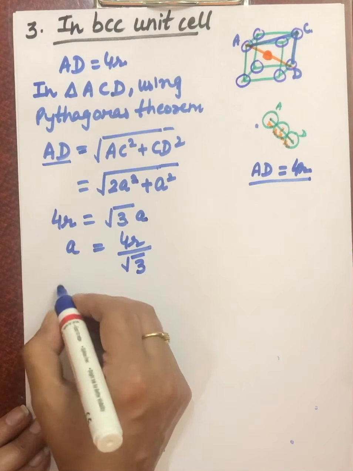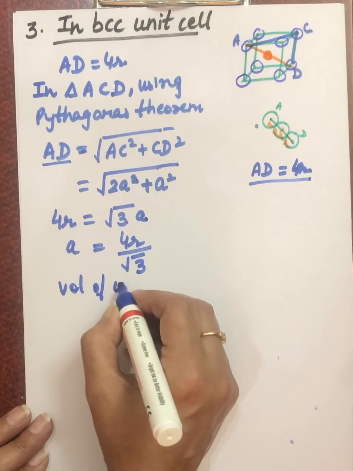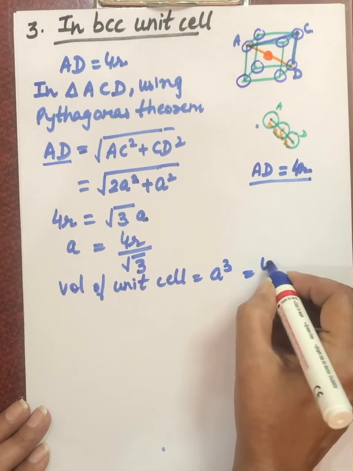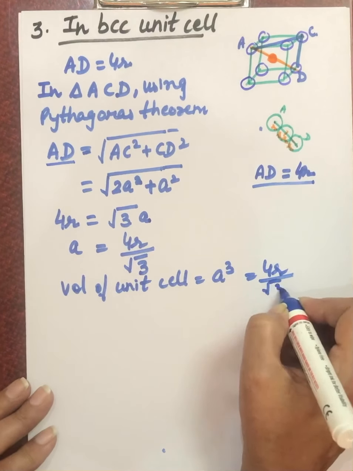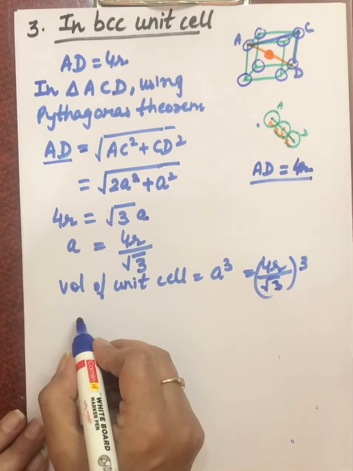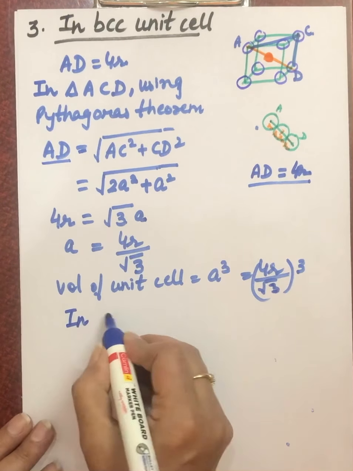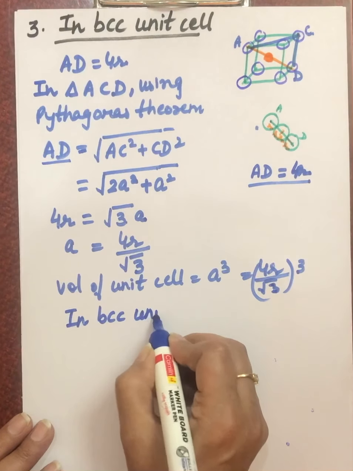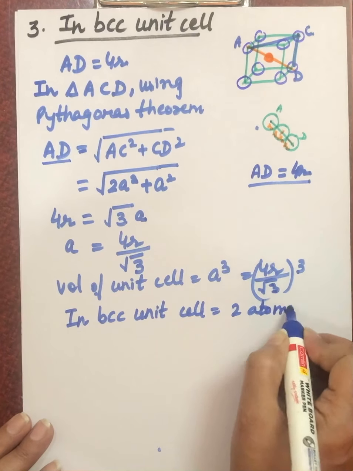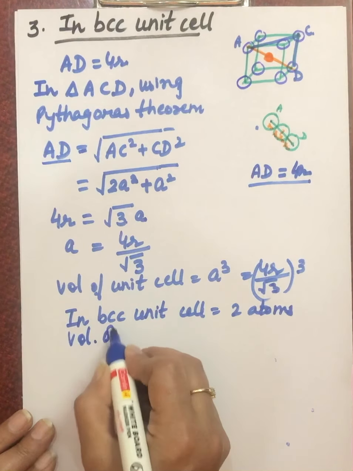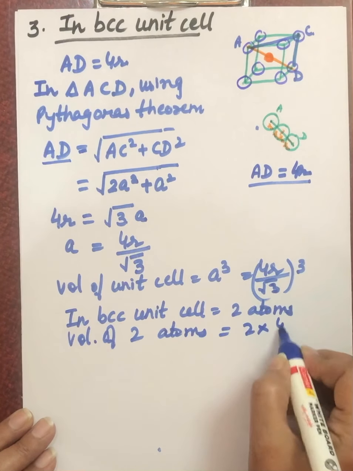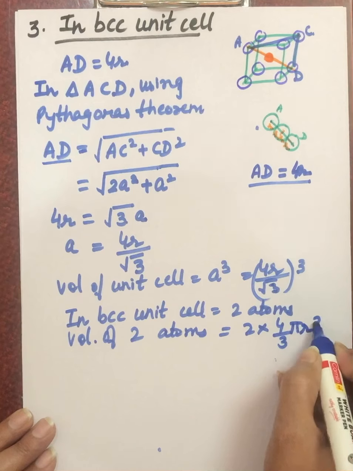Now we know a, so volume of unit cell will be equal to a cube, which is equal to (4r upon root 3) whole cube. And how many particles are in BCC unit cell? There are 2 atoms. So volume of 2 atoms is equal to 2 into 4 by 3 pi r cube.